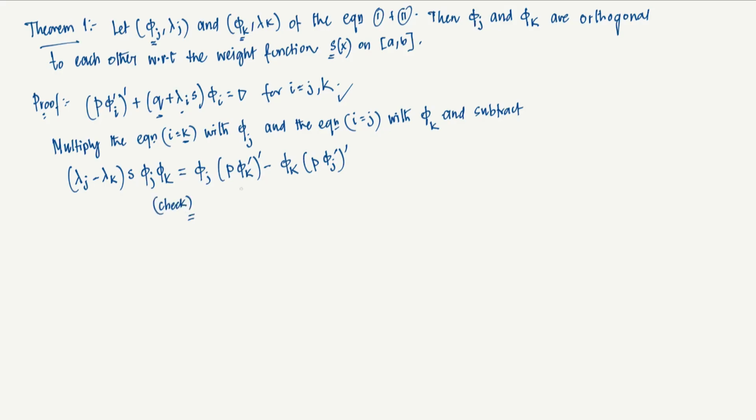You expand the whole thing and see that one term gets cancelled out, and you get this thing. It becomes p of phi k prime phi j minus p of phi j prime phi k. I hope this is clear.